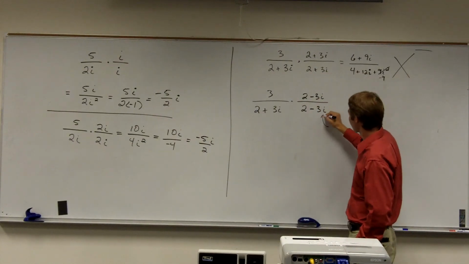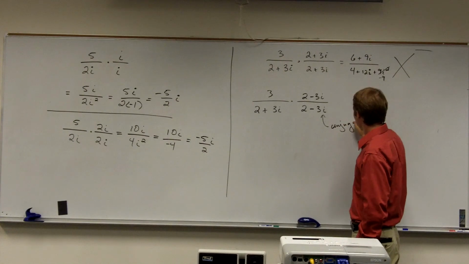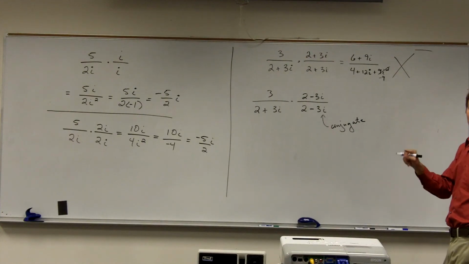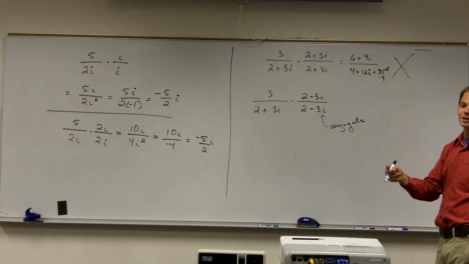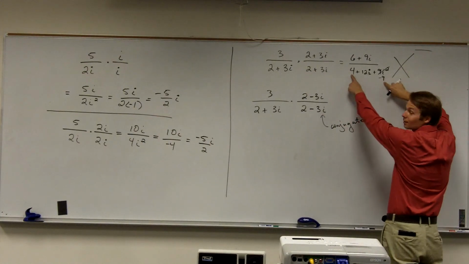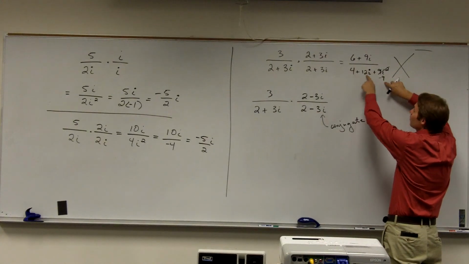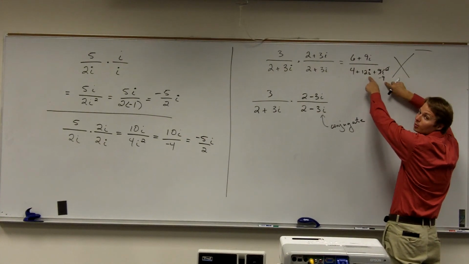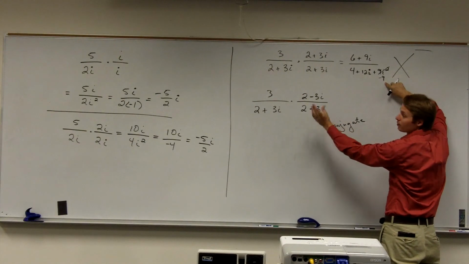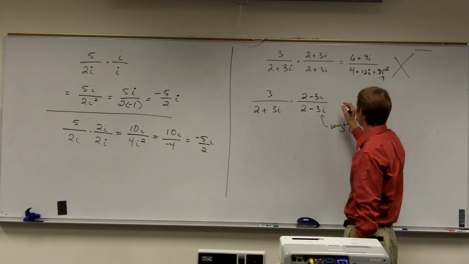So if we multiply by the conjugate of a complex number, it will always become a real number because the complex parts will go away. The outside two parts, the first and the last, become real numbers. The problem was with the two inner parts, the outer and the inner parts of the FOIL, right? But here they should go away because we said that in conjugates, the middle two terms of the FOIL always cancel out. So that should happen here also.